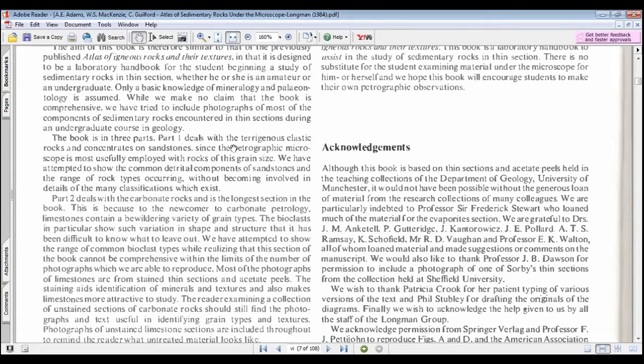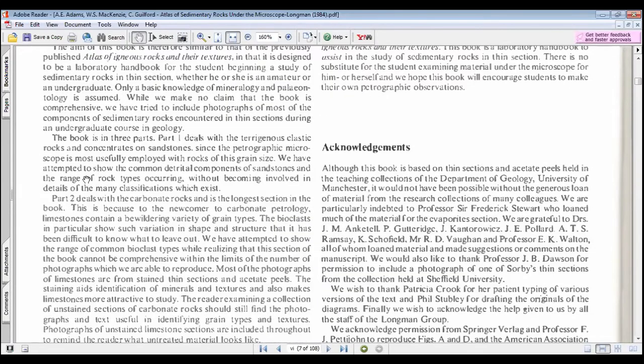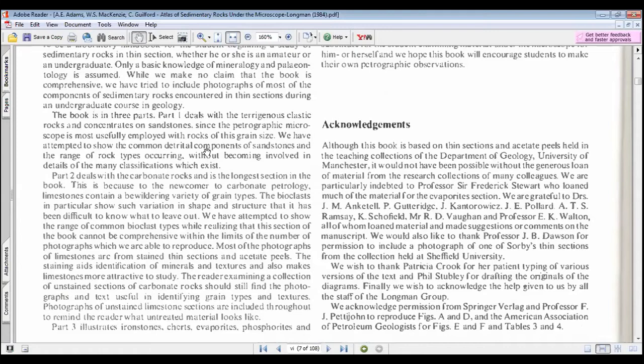If we discuss the parts, this book is actually divided into three parts. The first part deals with the petrographic observations of terrigenous clastic rocks, mostly sandstones, and those rocks that are dominated by sand-sized particles. The next part deals with carbonate rocks, and it is the longest section in the book.